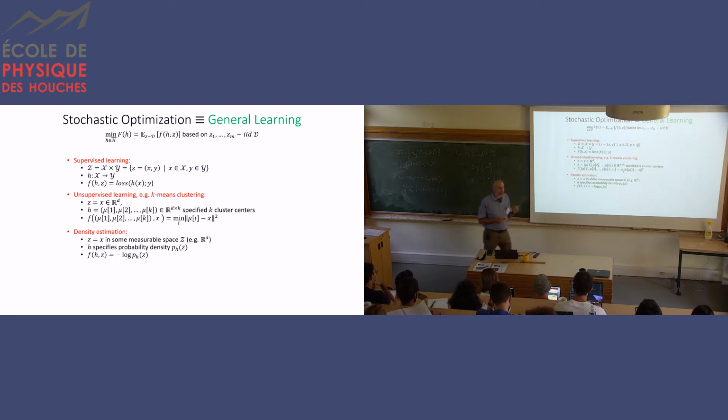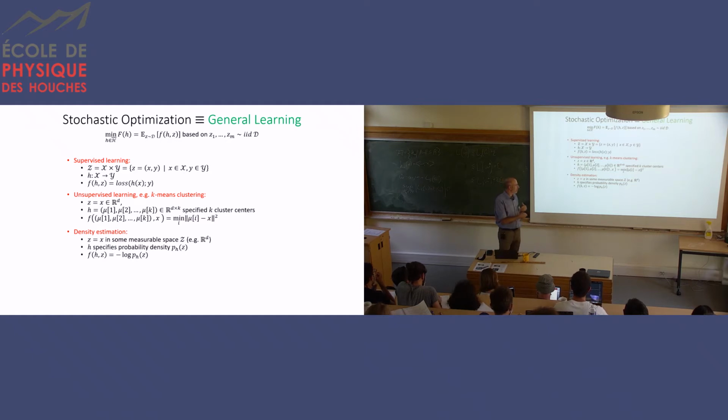So again, this is similar to the unsupervised learning problem in the sense that there are no labels, and the randomness is only in the x's. Now you can think of the hypothesis as specifying some density function, and if you want to find the density that minimizes the KL divergence from the population density, then that corresponds to thinking about the objective for any instance z as the negative log probability under your model of z.